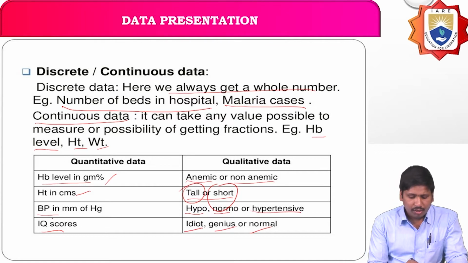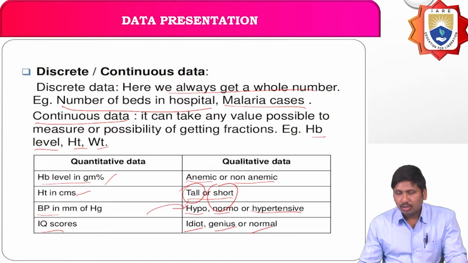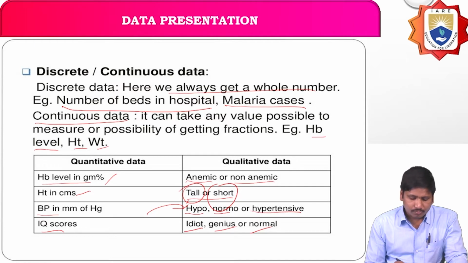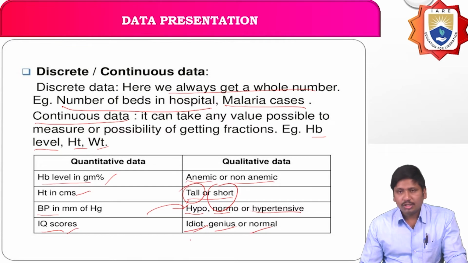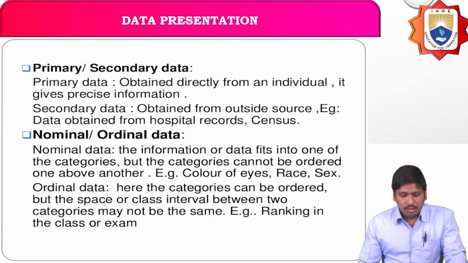And similarly the BP, BP in mm of Hg, how can I represent it? Based on the values, I can tell whether it is hypo, normo or hypertensive. And the IQ scores, that may be idiot, genius and then normal.